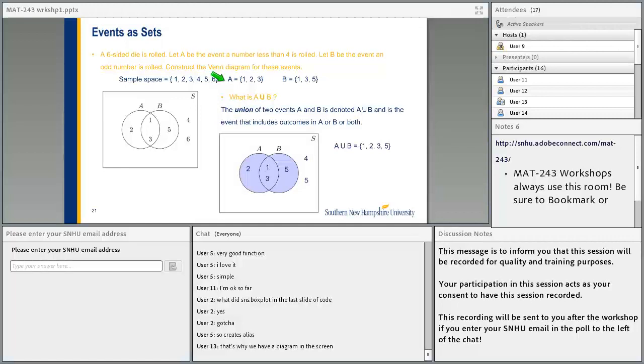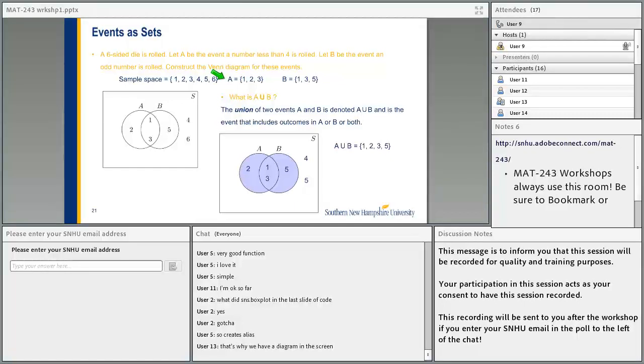So what we do is we draw 2 circles, and the 2 circles overlap. That's because there are some values which are common to both the circles. So B is the event that an odd number is rolled. So the odd numbers are 1, 3, and 5. So if you compare A and B, you see the numbers 1 and 3 are common to both. So when we draw the circles, we overlap them, and in the middle part we write 1 and 3.